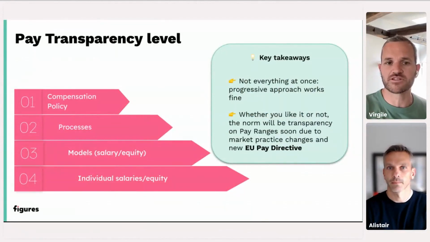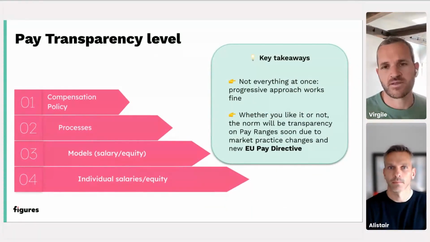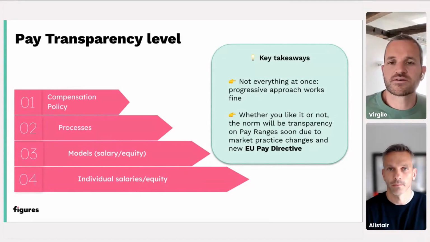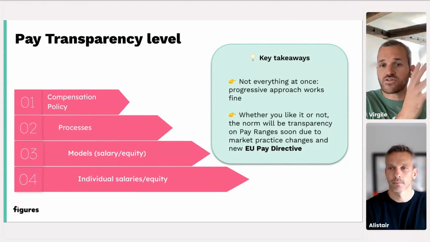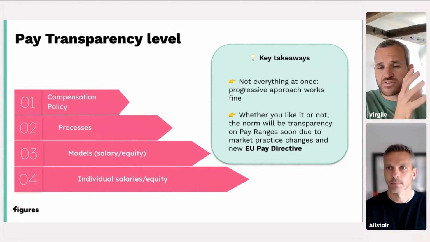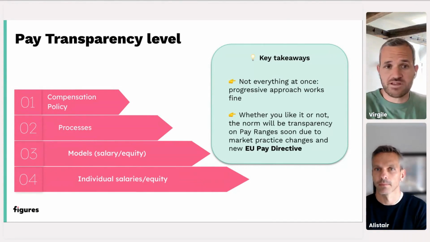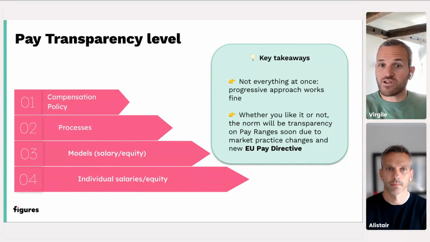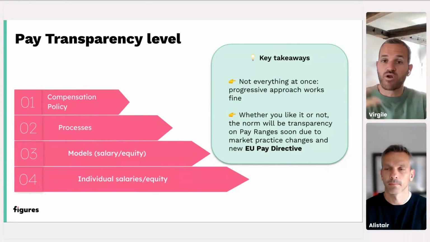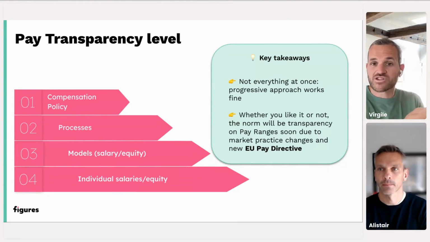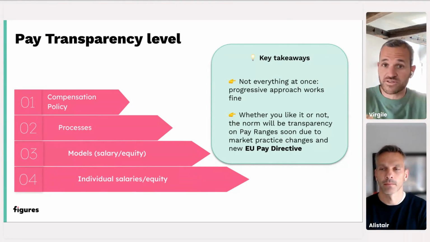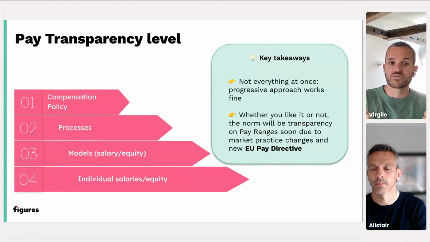First point, on pay transparency, we define four levels of transparency. You can be non-transparent, or you can start being transparent on your compensation policy, saying you pay at the median of the market, or that you want to pay at the 60th percentile. You can be transparent on processes, meaning you shed more light on how salary or starting packages are determined when you're hiring someone, how compensation review works, who gets what, and so on.